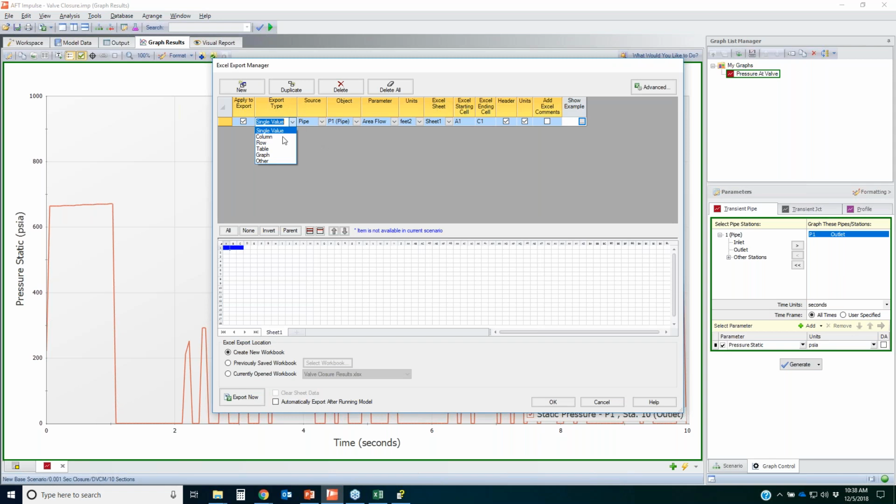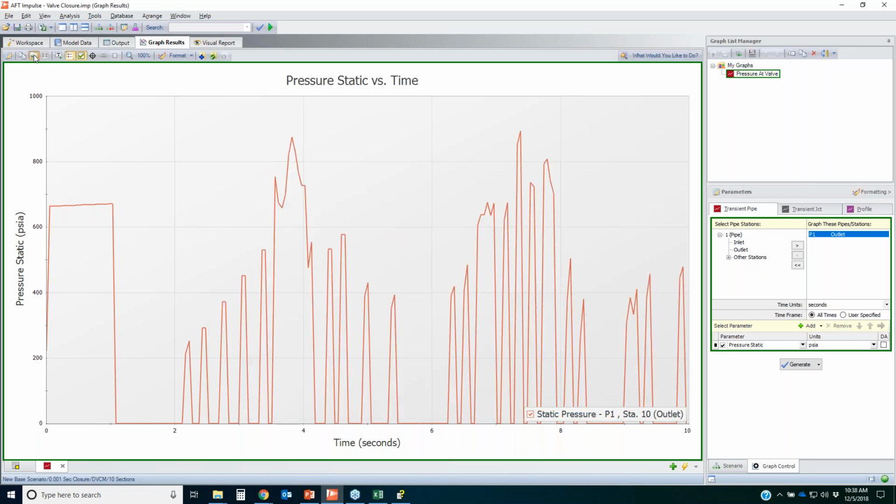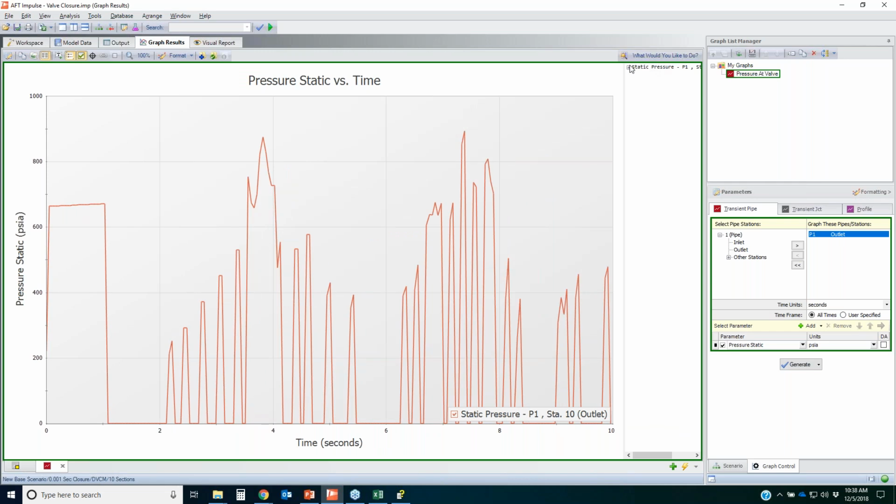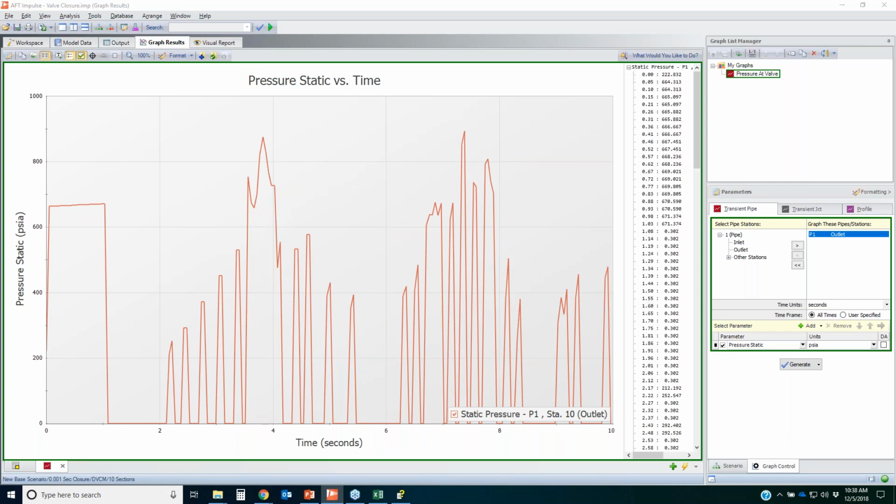Eventually you'll be able to choose a graph as the export type, and soon for the source you'll see a transient pipe and transient junction source. Once those new sources are available, you'll be able to automatically spit out the XY data that you see right here into a spreadsheet.